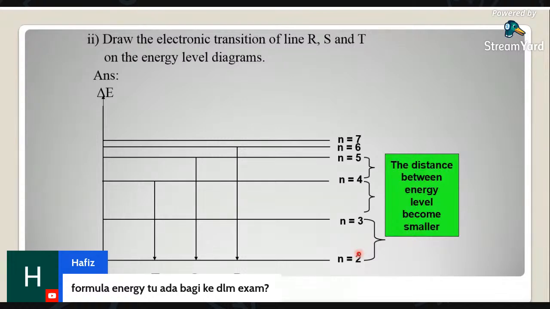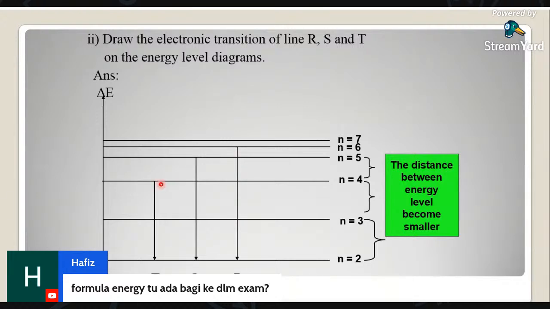If you refer to the previous question, T is formed when electron falls from n equals to 4 to n equals to 2. S is from 5 to 2, while R is from n equals to 6 to n equals to 2.